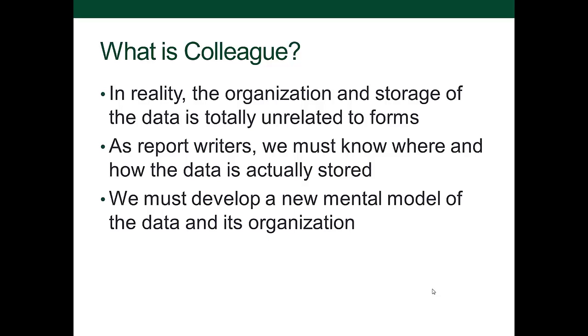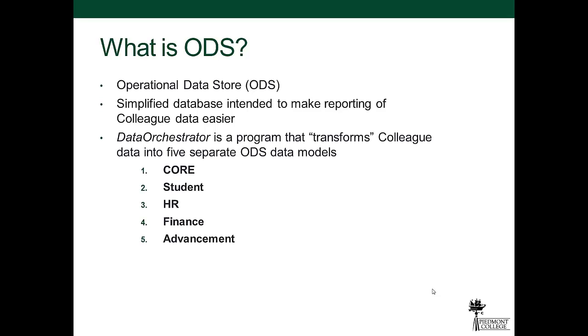As Colleague has evolved, the underlying database has become fairly complex and difficult to work with by the normal Colleague user, and as a result, a separate simplified database called the ODS has been developed to facilitate report writing. ODS is Colleague's name for a separate and greatly simplified database that's intended to make reporting of Colleague data easier.